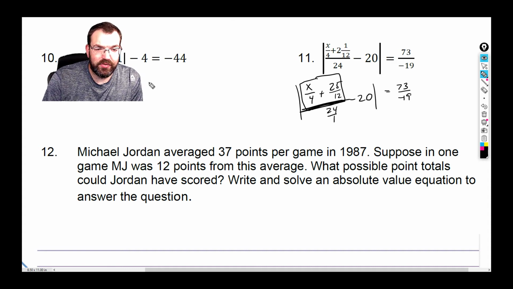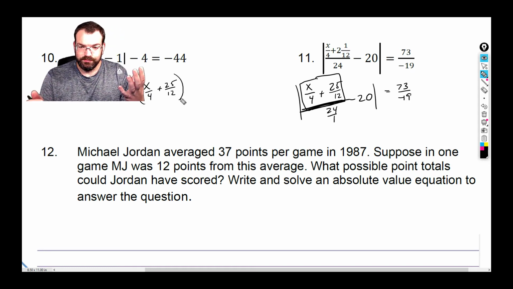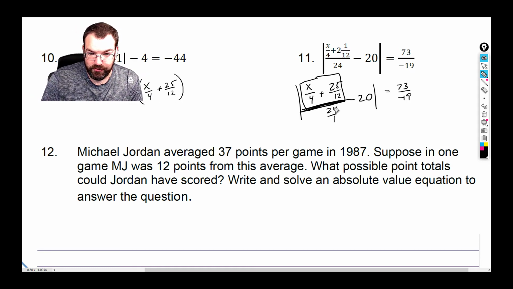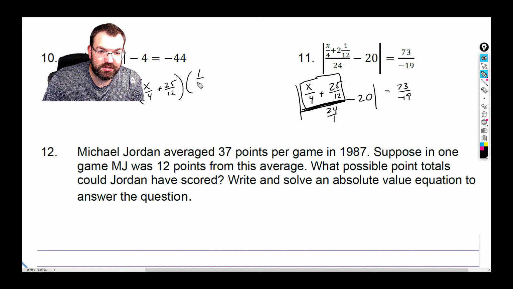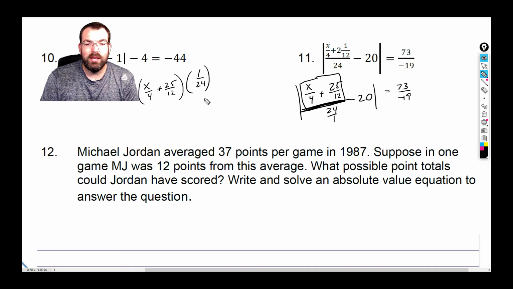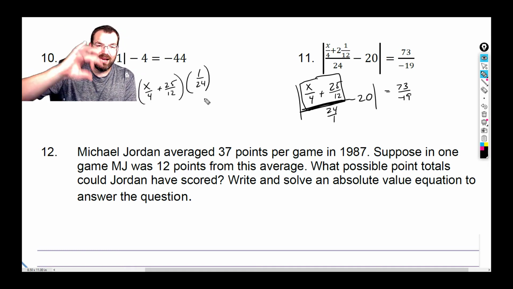When I have a fraction, which is x over 4 plus 25 over 12, and I'm dividing it by another fraction, I'm really multiplying it by the reciprocal. That's 7th grade when you learned how to divide fractions.